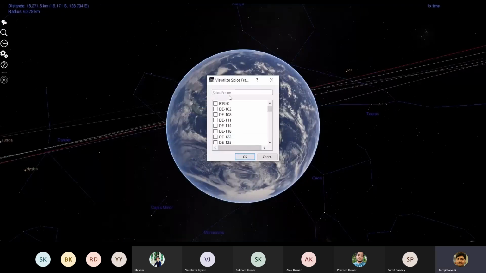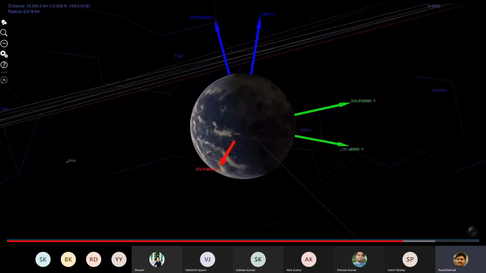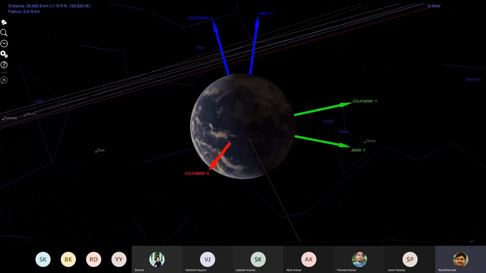So we are introducing the space frame as ecliptic and the Earth-fixed frame. Again, the same frames: one is the ecliptic and the other is the Earth-centered inertial frame.